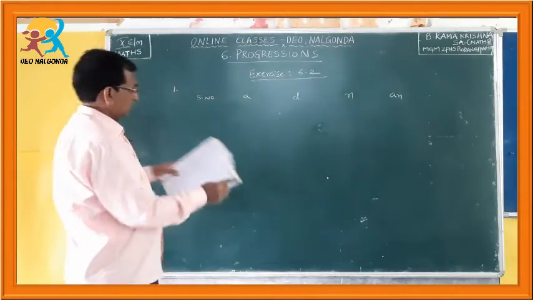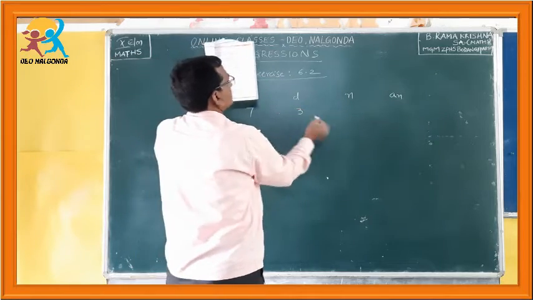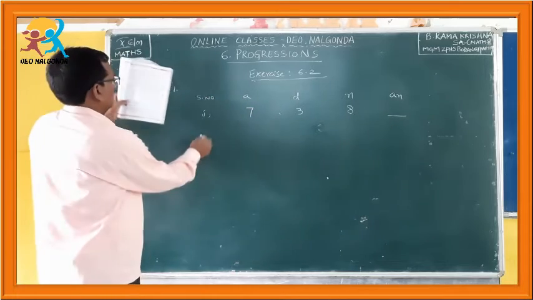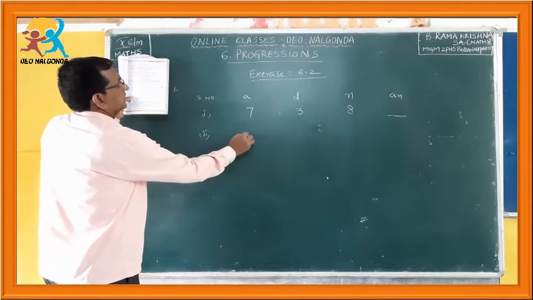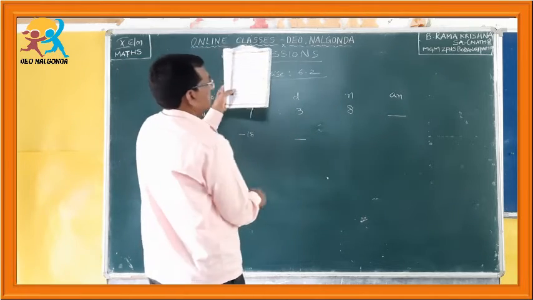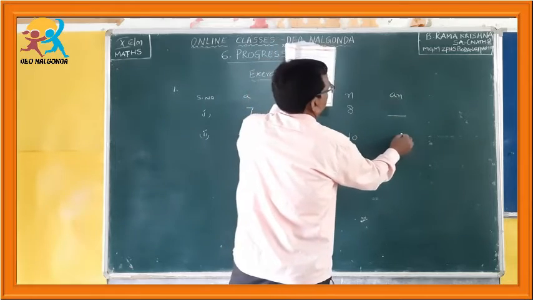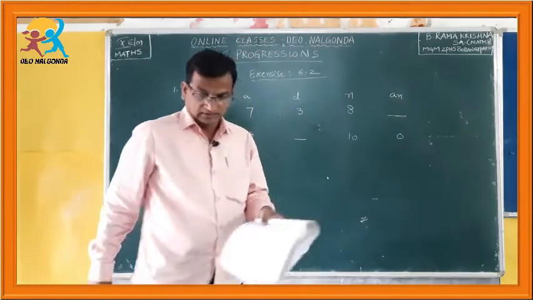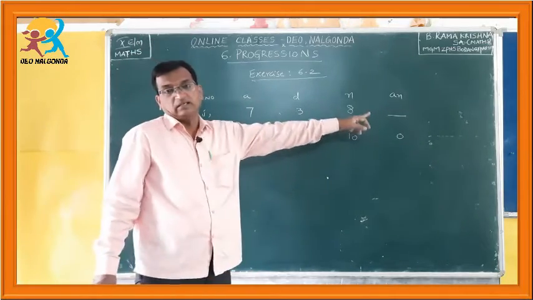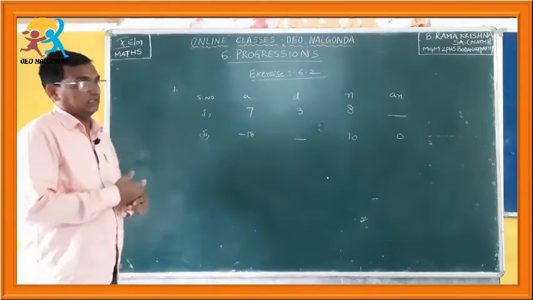See, in the first one, 7, 3, 8 are given and there is a dash. In the second one, minus 18 is given as A and a blank is given, n is given as 10 and An is given as 0. Let us try to understand these two situations, and you have to fill these blanks by finding the values.